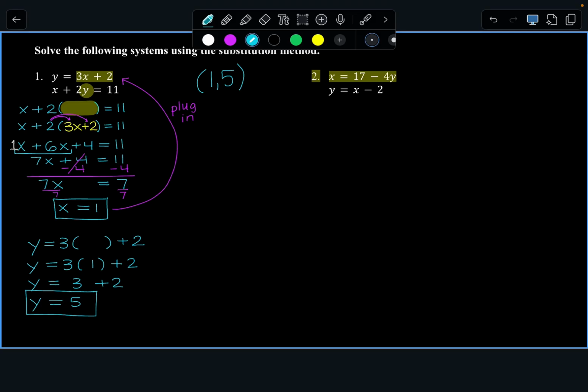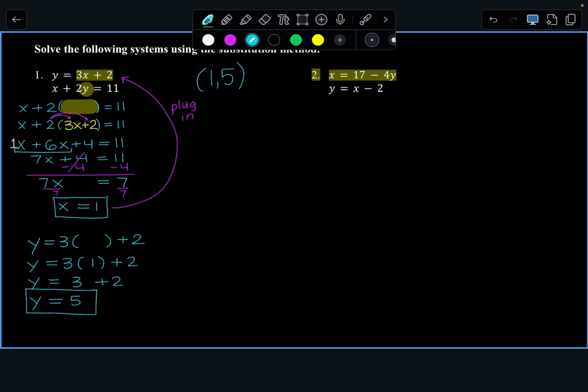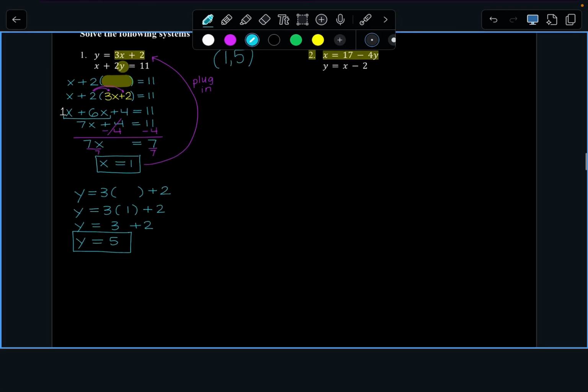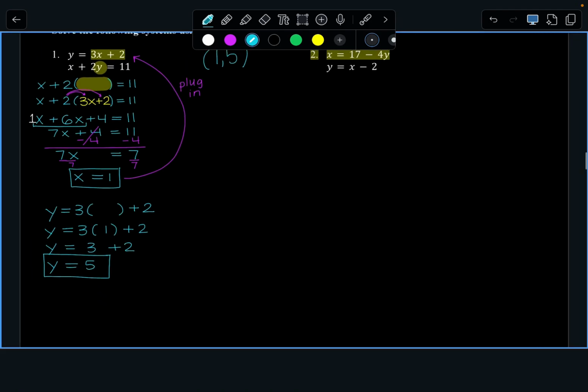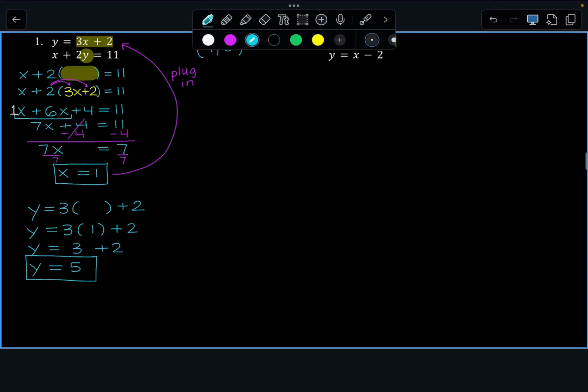So the steps that we took: we got x or y alone. In this case, it was already alone at the top. We substituted into the other equation for x or y. We simplified that expression and combined like terms.